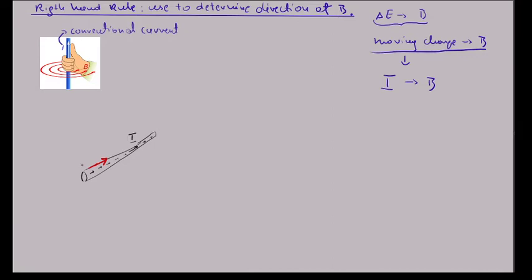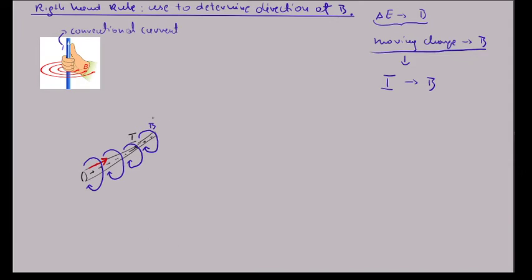So I'm going to draw it, fingers would curl like this. And this would be the direction of the magnetic field. So I'm going to draw another one here, and another one here. All right, and so now you have the direction of the magnetic field. B just curls around the wire in this fashion.